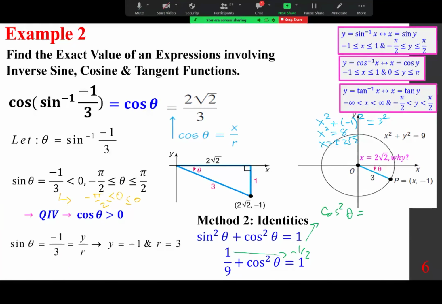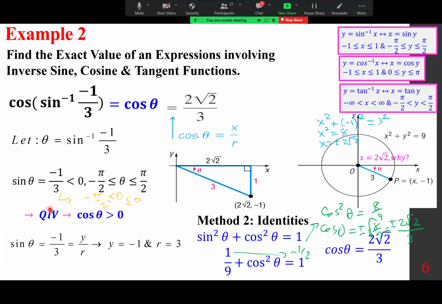Cosine squared is 8 over 9. Cosine is plus minus square root of 8 over 9, or plus minus 2 square root of 2 over 3. Because we know the quadrant and cosine is positive, we choose the positive 2 square root of 2 over 3.